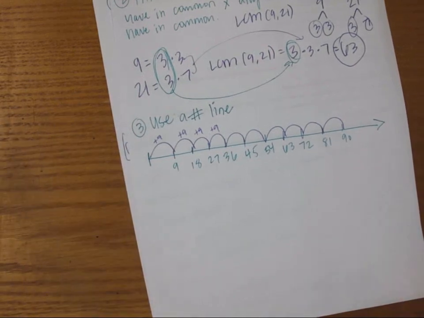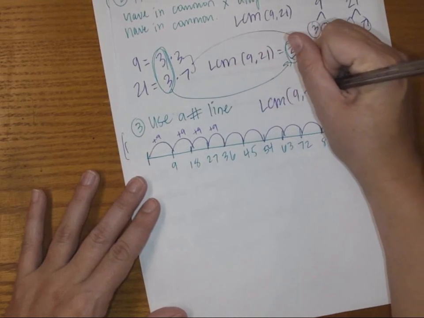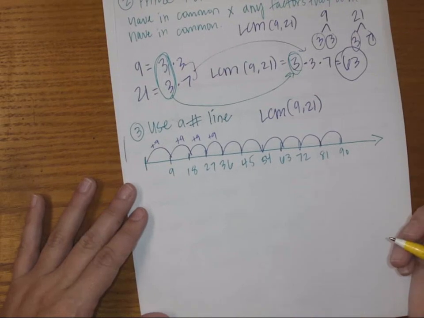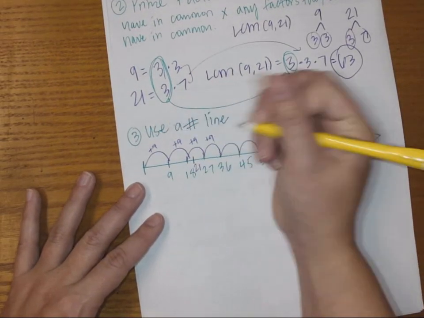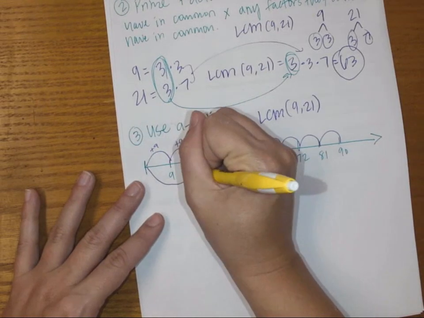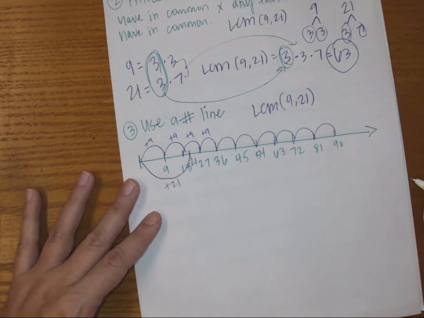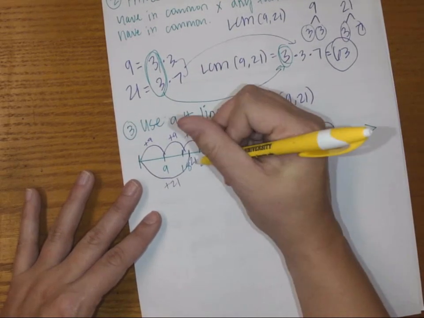So I'm actually going to, on the bottom of this, do the multiples of 21, because the problem is least common multiple of 9 and 21. For 21, my first multiple is 21, which would be right here. 21 times 2 is 42, which is going to be about right here on my number line.